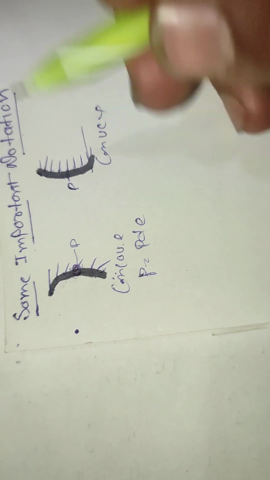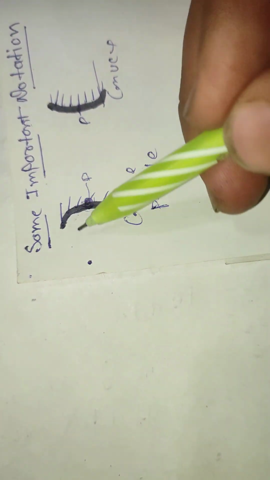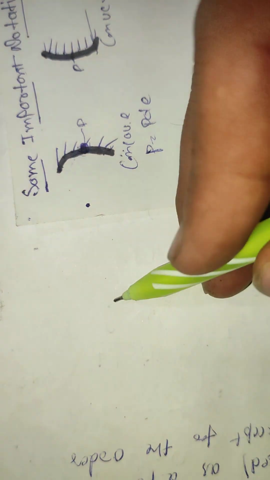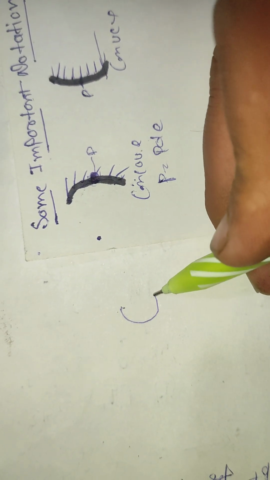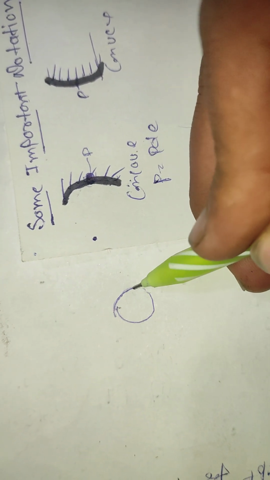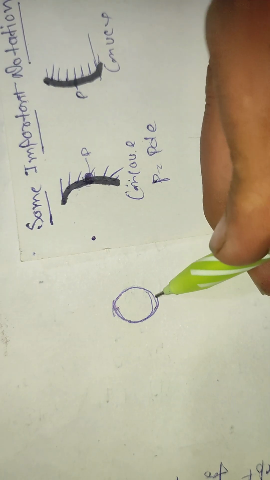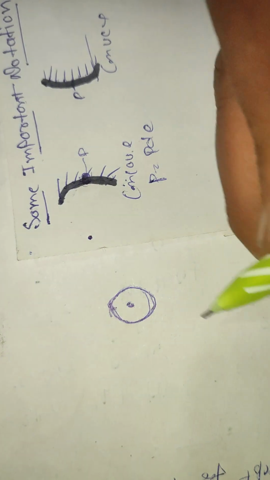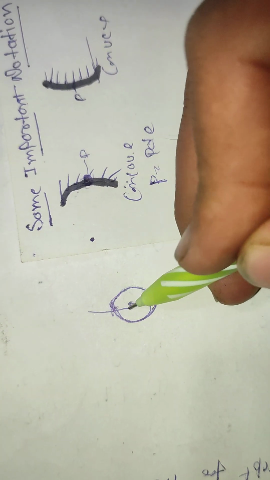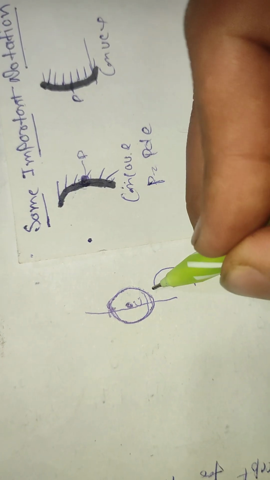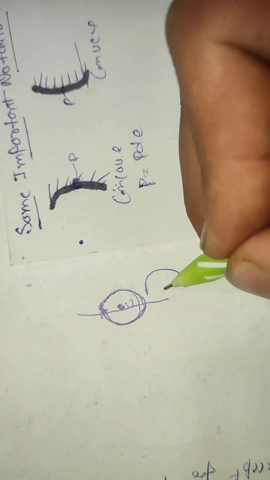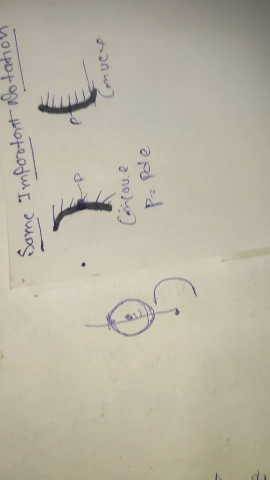Suppose for example this is our ring. If it is our ring, it has a center. Now we cut the ring, so we get a shape like a concave or convex. It also has the same center.